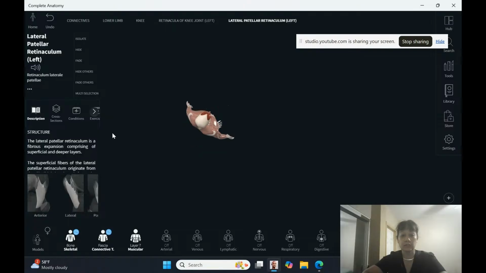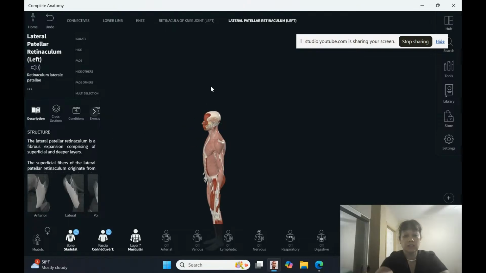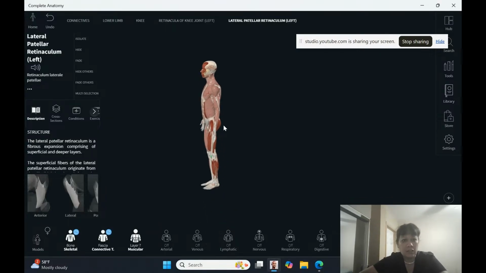It's just going to rotate it. Yeah. So anyways, if they're on their stomach or if they're standing even. Oh, I guess, is this the male? I thought it was a female.